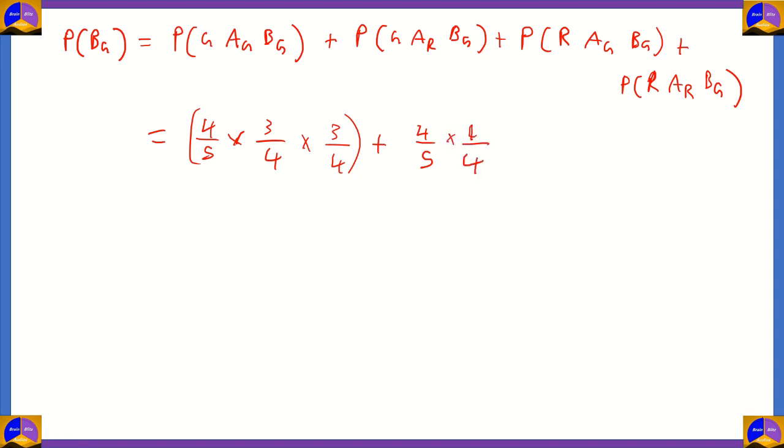And then from A red, the probability of getting B green is also 1 by 4. Now, the third case: red is sent, so 1 by 5. A receives green, so that's an error, so that's 1 by 4. And B receives green, so B receives it correctly, so that's 3 by 4.